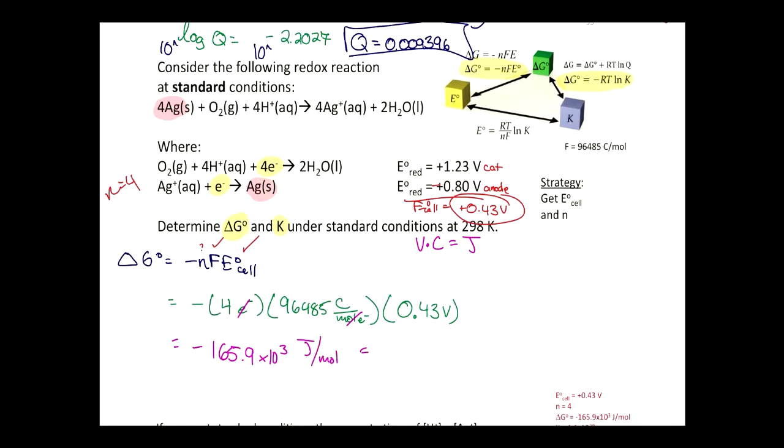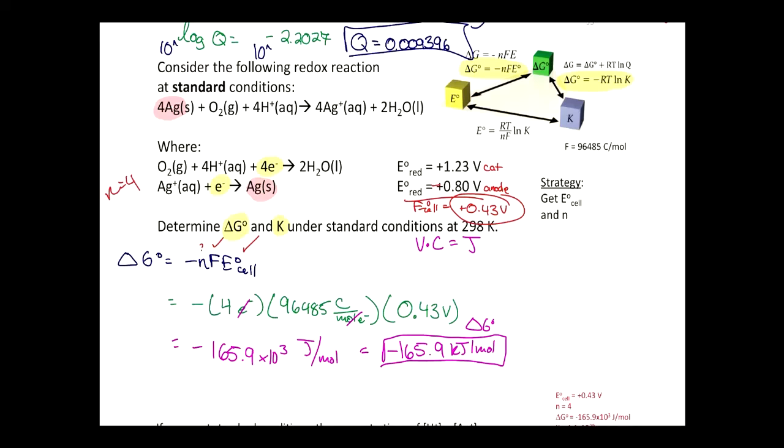This is also equal to negative 165.9 kilojoules per mole. So delta G is a very negative number, and we see this reaction is, in fact, spontaneous in the forward direction. Since we have a positive cell potential, this redox reaction is spontaneous in that forward direction. All right, so that's delta G.